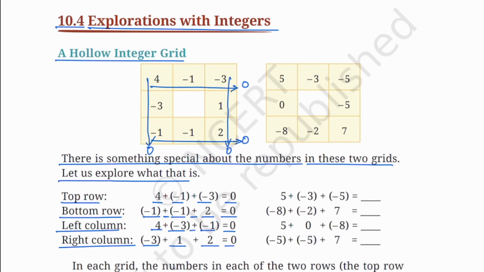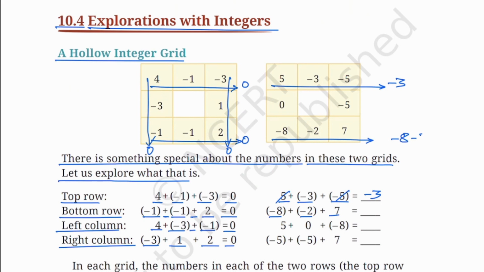Similarly, for the second grid, 5 plus minus 3 plus minus 5 is equal to minus 3. Minus 8 plus minus 2 plus 7.